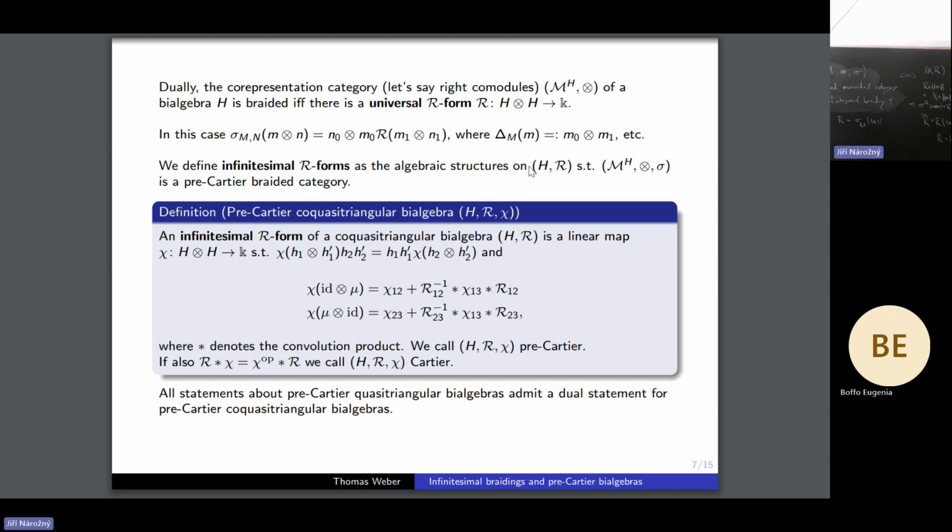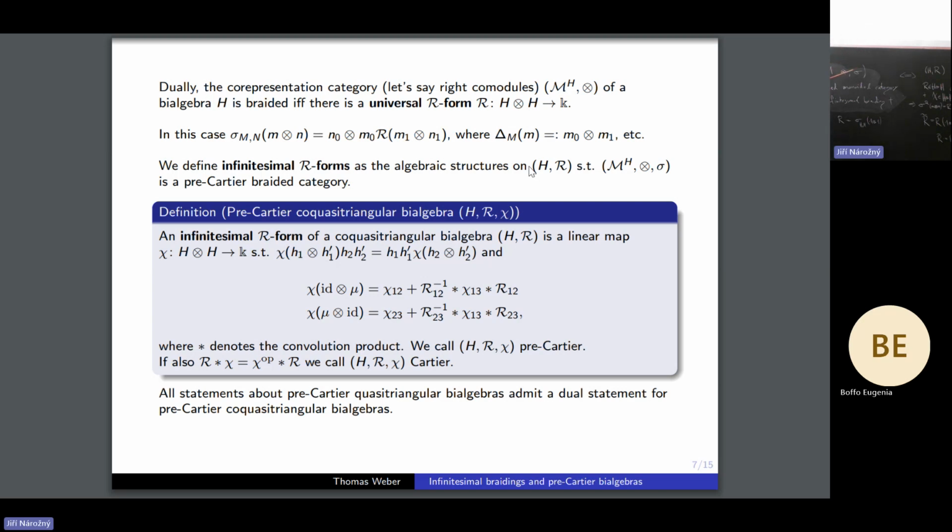A comodule, just in case you don't know, is just a vector space with some linear map that is dual to the action. Here, this is what I would write like delta_N. This takes one element and gives you something in the tensor product of N with H, and it satisfies the dual axioms of a module.